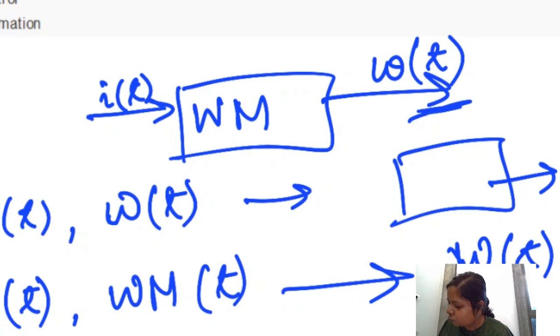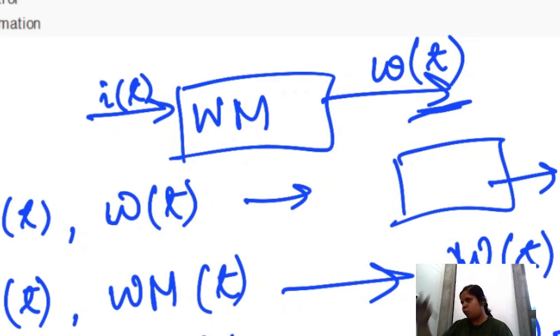Now in a control problem what happens is you know what the washing machine is, you know what output you want and you want to provide a suitable input. You don't know what input to give it.